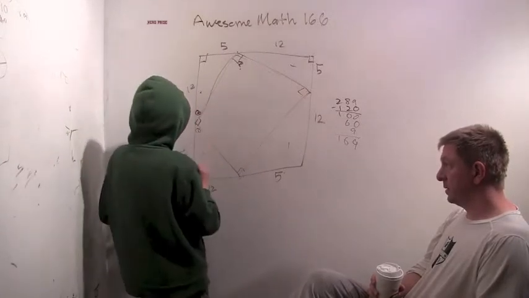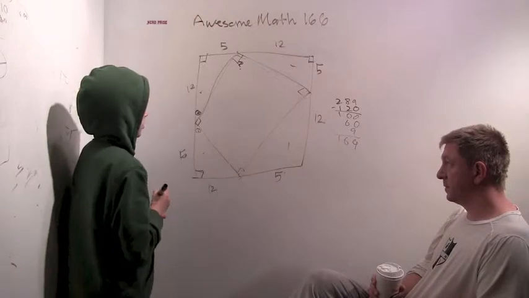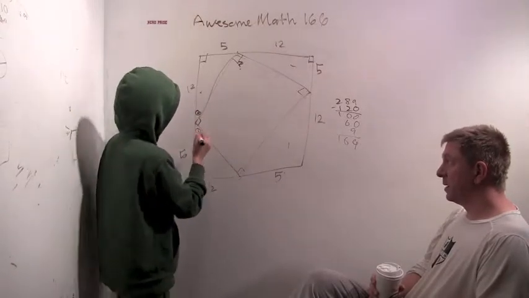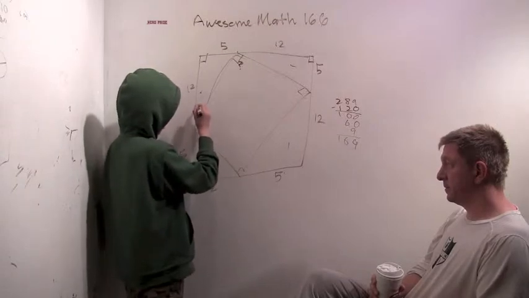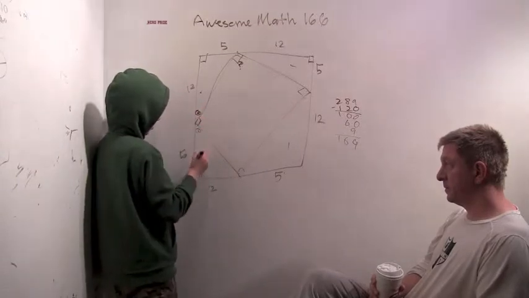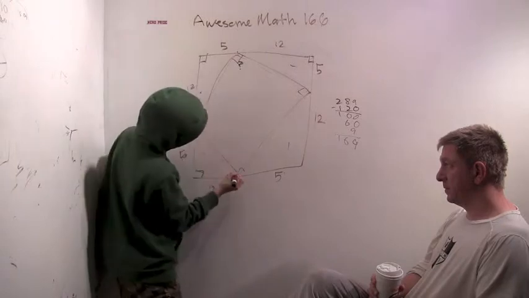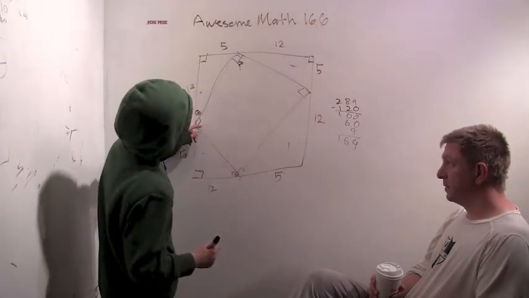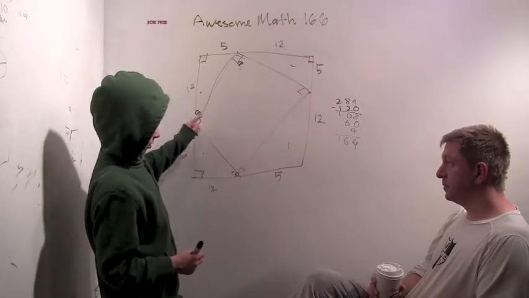So we have these angles 1 and 2. Angle 2 also appears over here. How come? Because these are congruent right triangles.